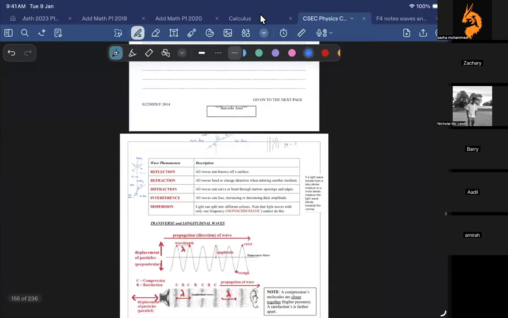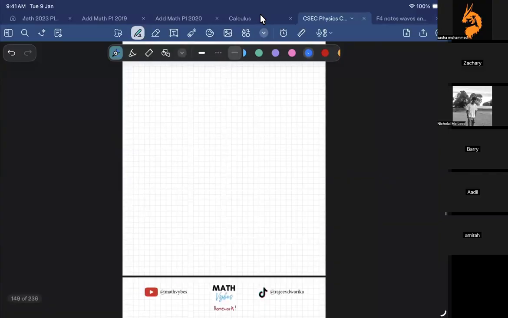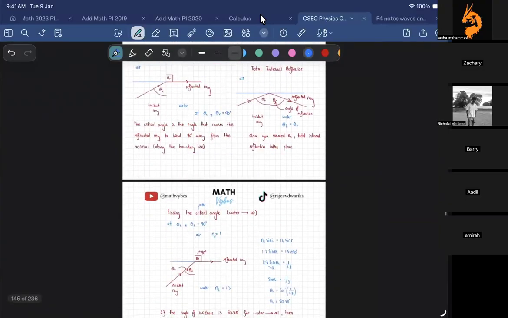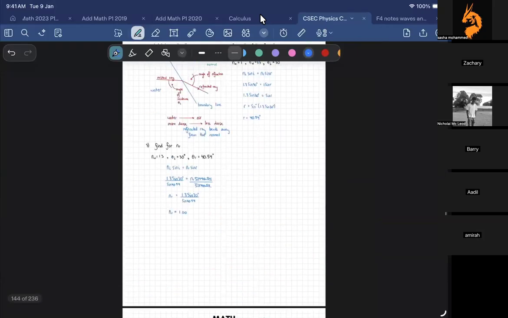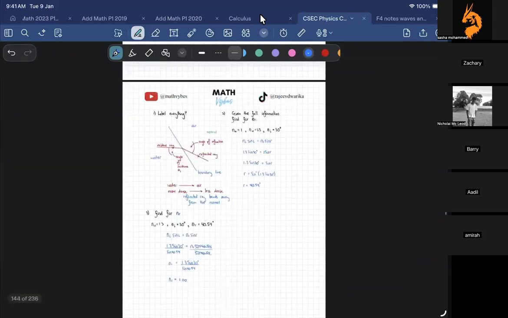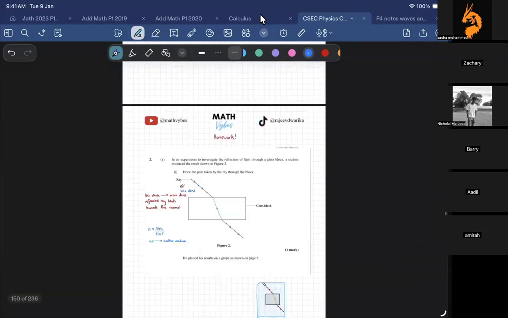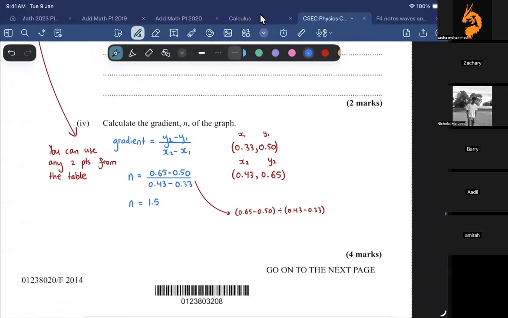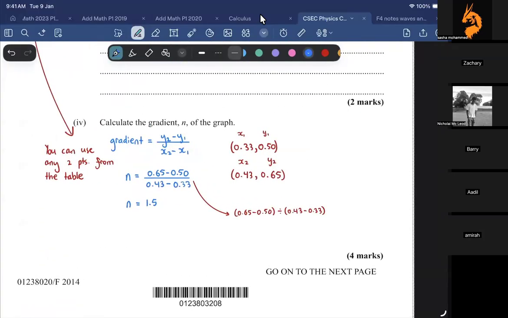Okay, we didn't do glass. But we did do the refractive index for water, and it was like 1.43, or 1.3 or something.